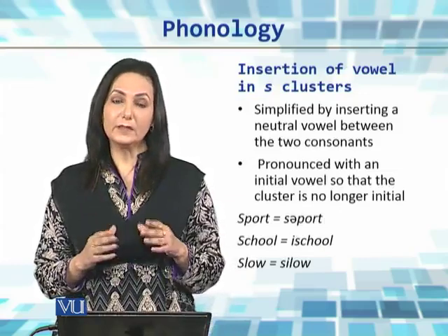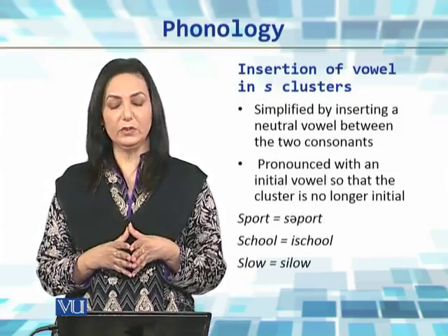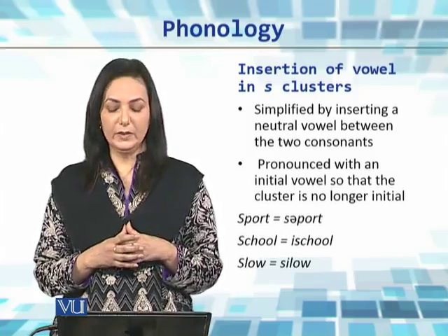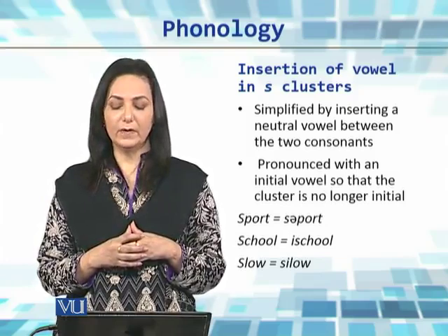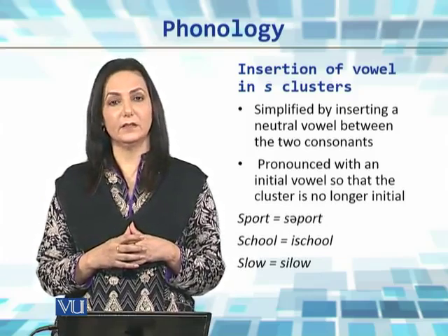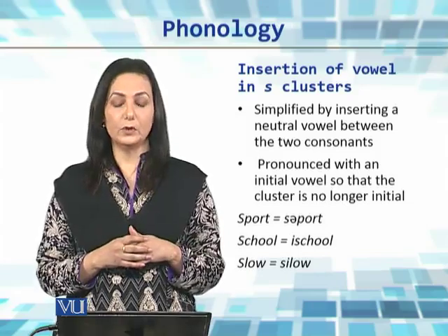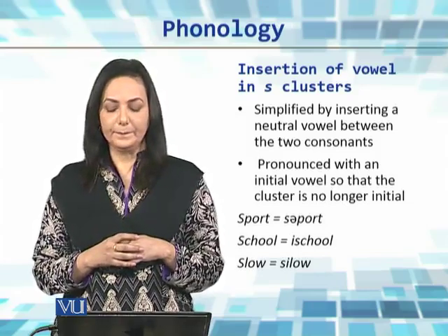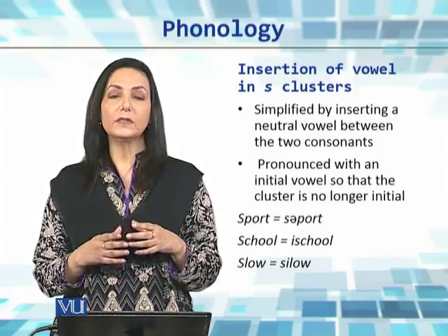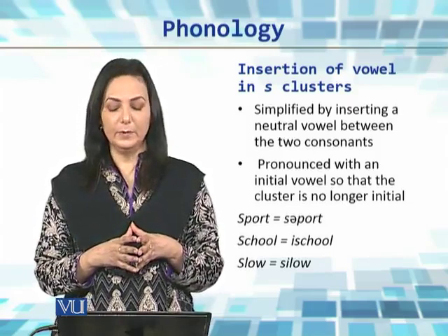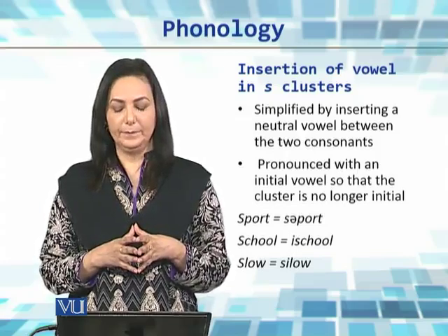Another distinctive feature of pronunciation of the outer circle and expanding circle speakers of English is the insertion of a vowel in S clusters. Normally in S clusters, but in other consonant clusters as well. So the sound is simplified by the insertion of a neutral vowel between the two consonants.